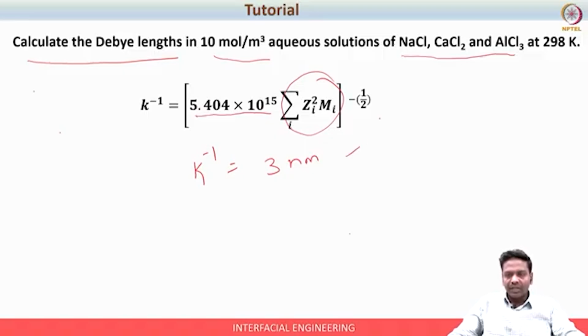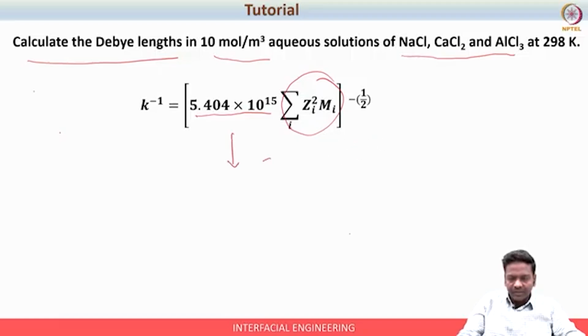Now, what about the calcium chloride? The calcium chloride can also be calculated in the same way. The rest of the thing, that is 5.404 into 10 power 15, will come as it is.